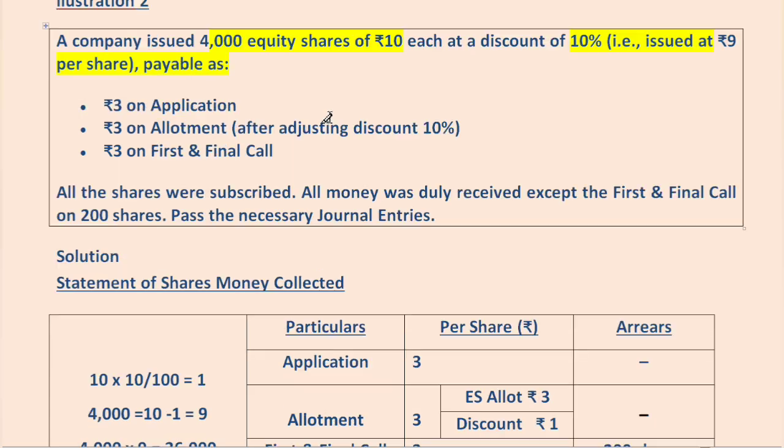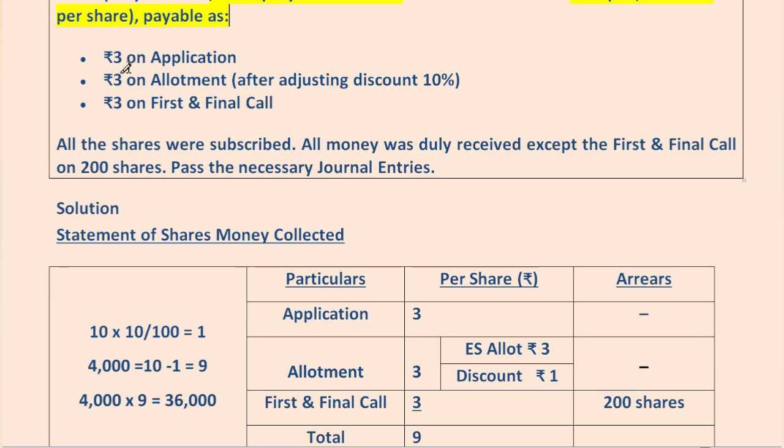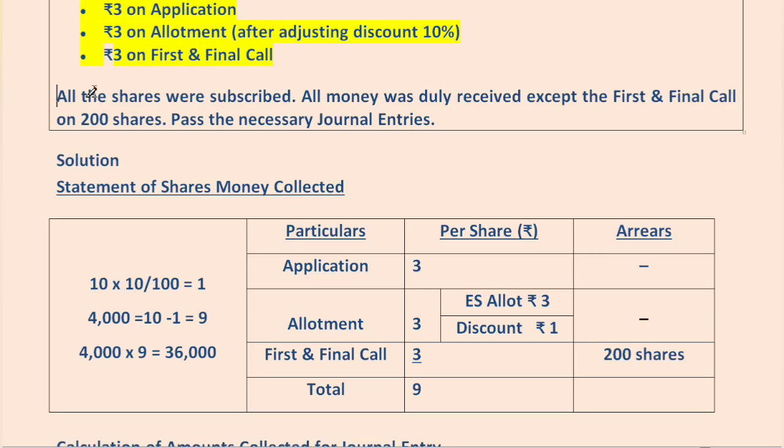Payable as follows: 3 on application, 3 on allotment after adjusting discount, and 3 on first and final call. All the shares were subscribed and money duly received except first and final call on 200 shares. So based on that they have to prepare a journal entry.